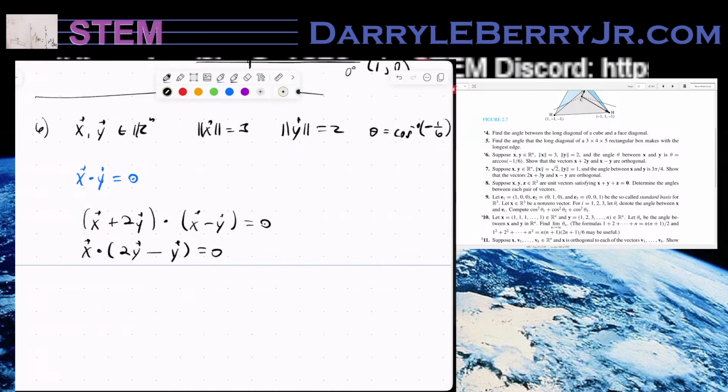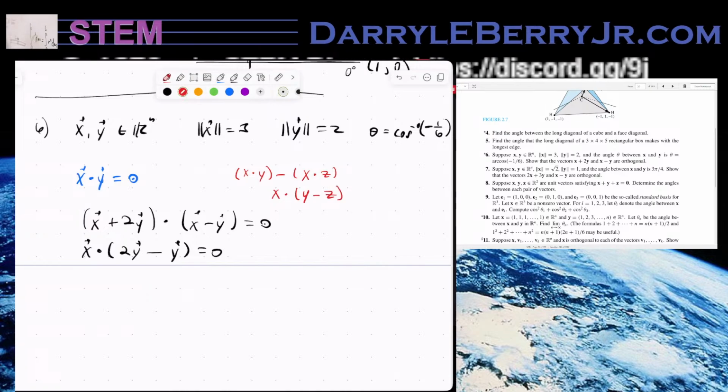I would need to have a negative in between two dot products. So I'm thinking about something different. Like if I had x dot y minus x dot z, that'll be the same thing as x dot y minus z. Am I thinking about that correctly?